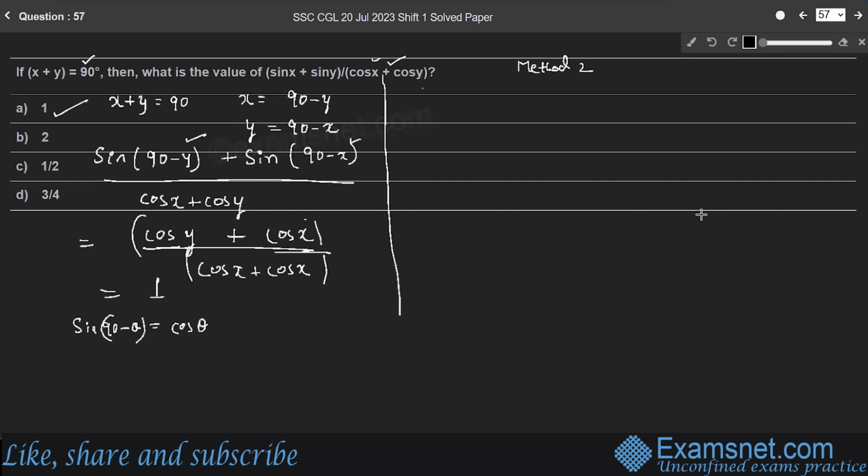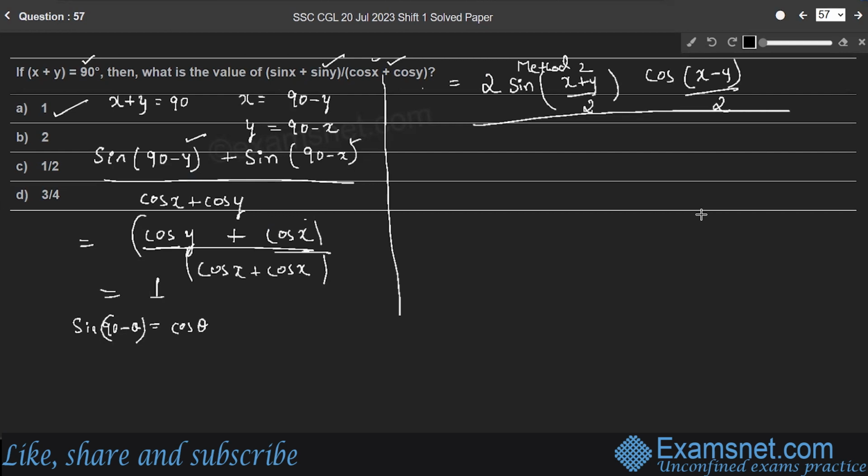Here, students, we are following two formulae. One is sin x plus sin y, the ready-made formula, which is 2 times sine of x plus y by 2 into cos of x minus y by 2.